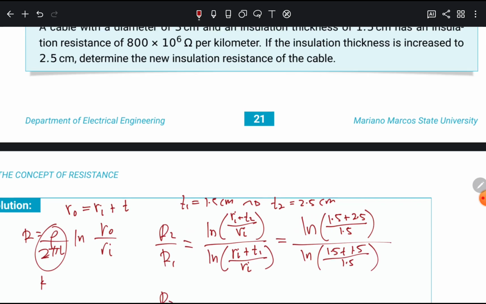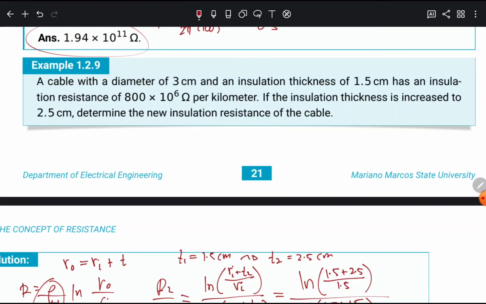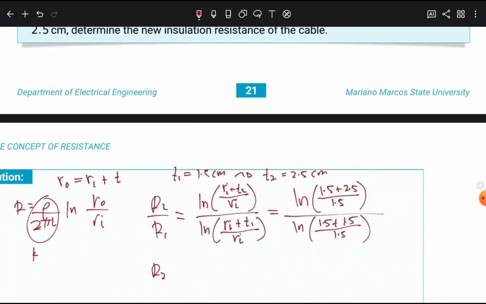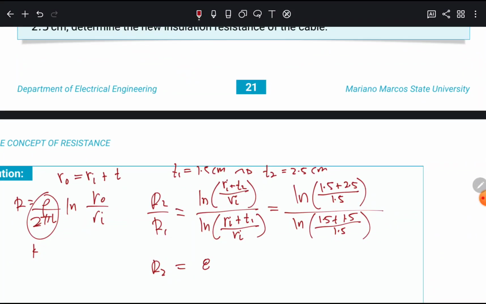And we know R1 is 800 times 10 raised to 6. And if we divide that, let me just calculate that, ln of 1.5 plus 2.5 divided by 1.5, and divide that with the ln of 3 divided by 1.5.